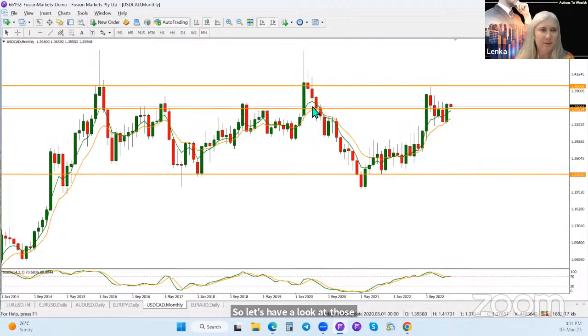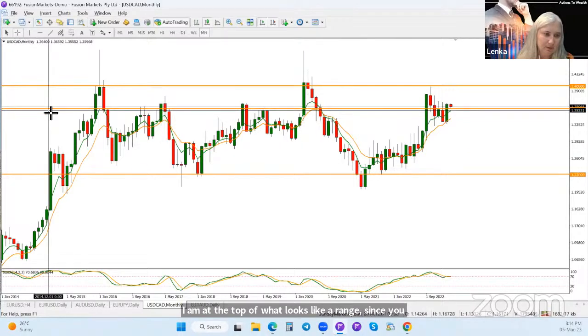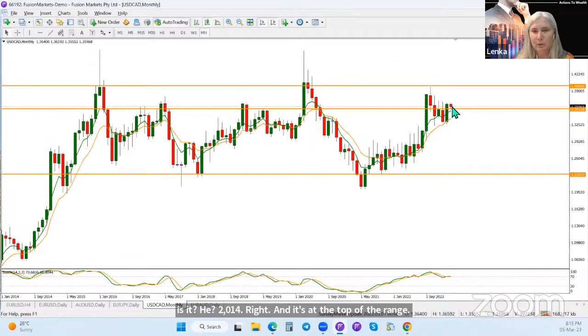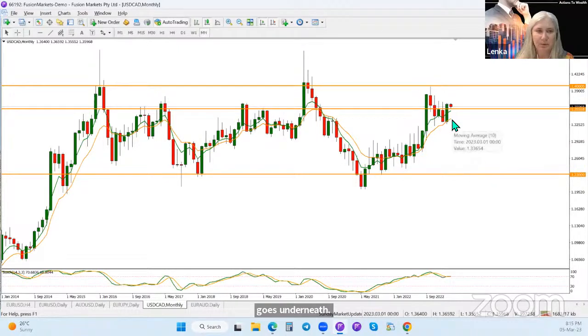On the monthly chart, USD CAD, I am at the top of what looks like a range since, what is it here? 2014, right? And it's at the top of the range. So I'm looking for short opportunities if the price goes underneath, retests, and then I'm obviously looking to go to the bottom of the range there.